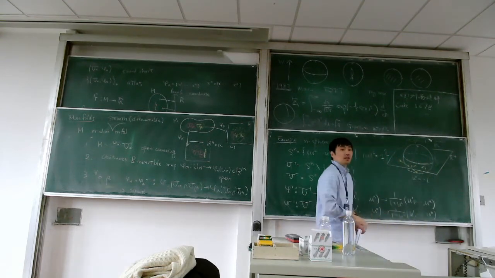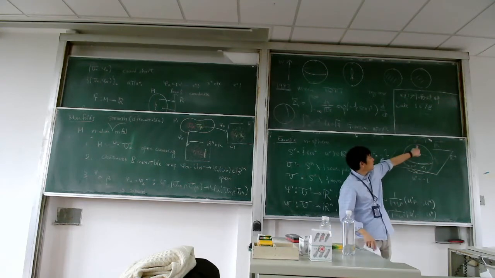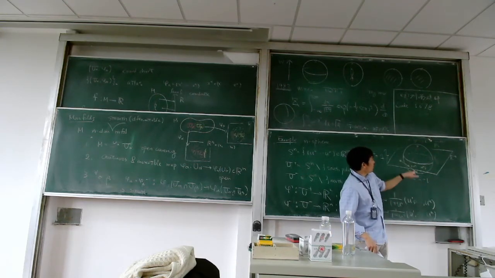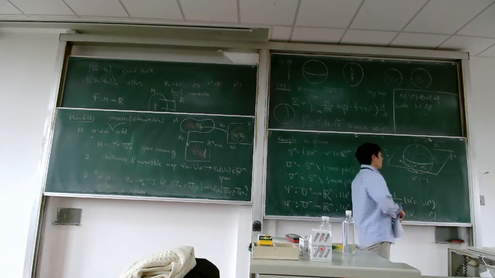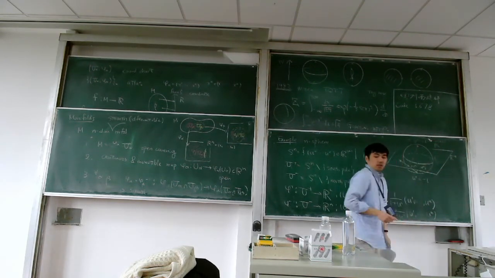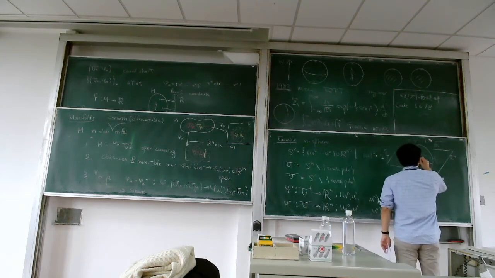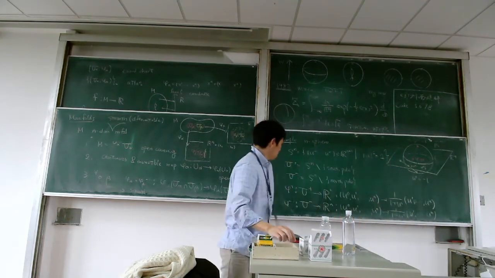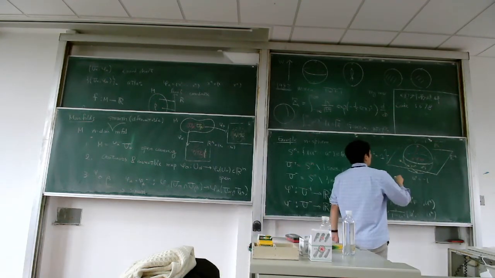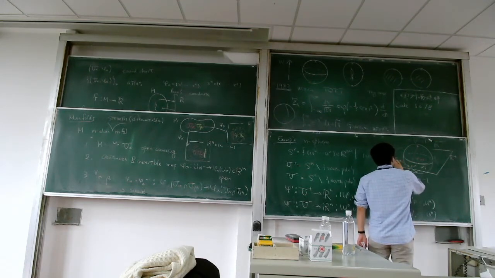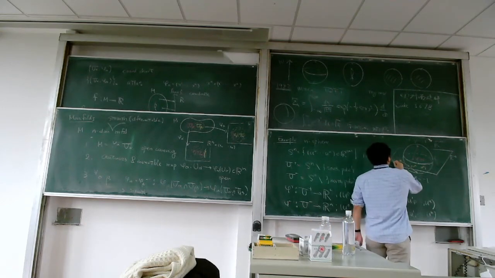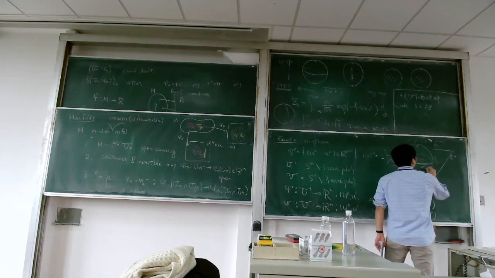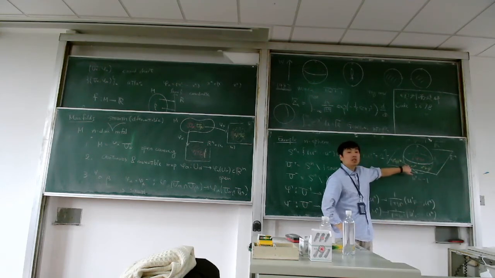In between it hits this Rn plane, somewhere around here. So therefore, this is phi minus of P, and this is phi plus of P, and P is this point.